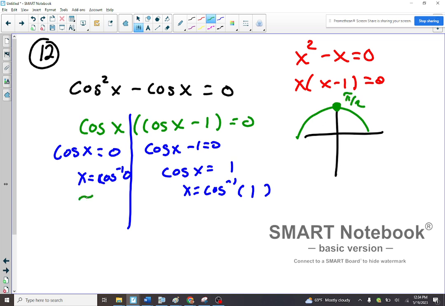So this one is pi over 2. And over here, this is where cosine is positive 1. It's positive 1 just at 0, at the starting point. So this one is 0. So your answers are pi over 2 and 0.